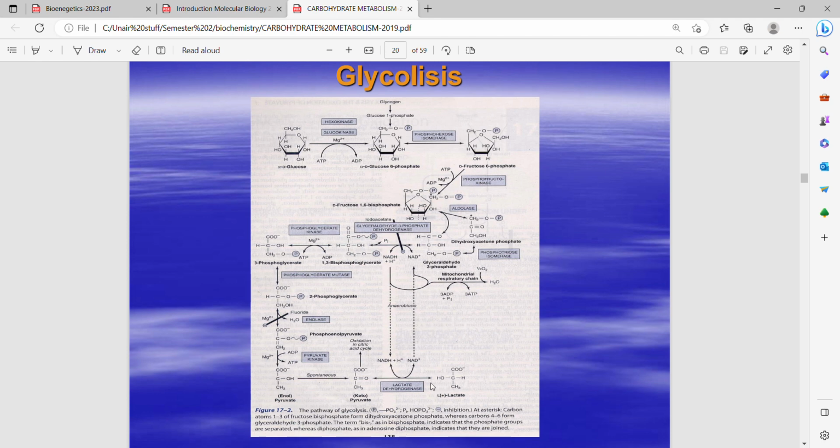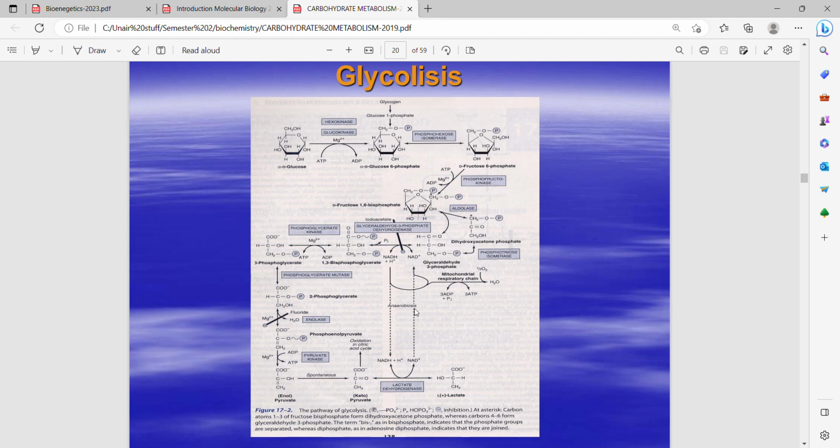So it acts as an electron acceptor, accepts the hydrogen, and then becomes lactate. You can see here there are more hydrogens here.